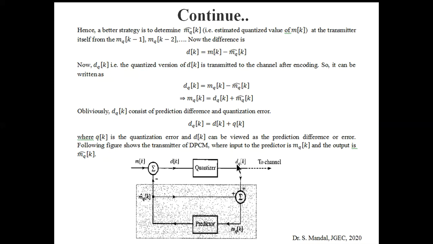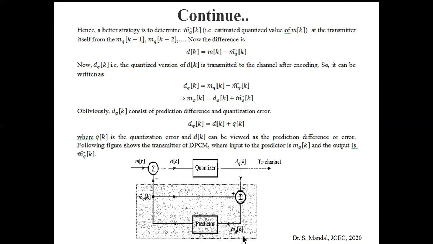Okay, so obviously here you can see that this quantized value of the difference signal is nothing but the original difference signal plus quantization error. Whenever we perform quantization, obviously there will be some kind of quantization error introduced in the signal. So in that case we can say that dqk consists of two parts: one is the prediction difference, another is the quantization error.